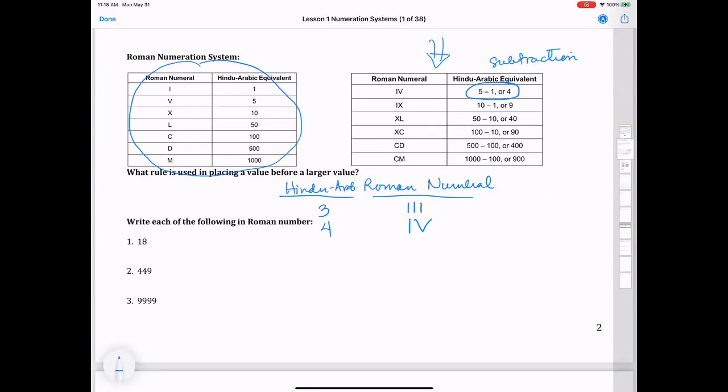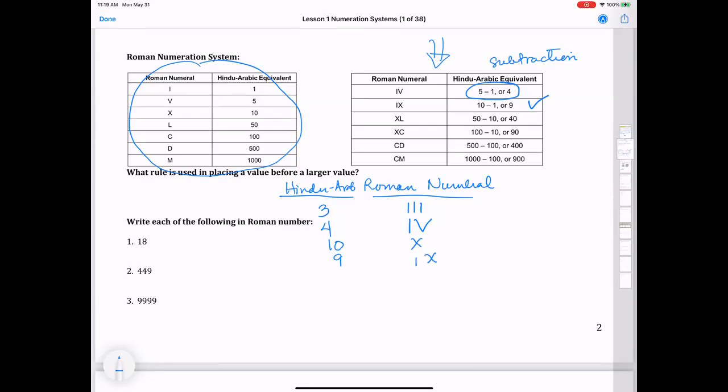So you need to use the symbols in the chart to be able to apply this subtraction property. For instance, if I want to represent 10, all I need to do is use X. But what if I want 9? Then I have to put a 1 in front of the X, because that means subtracting 1 from 10.